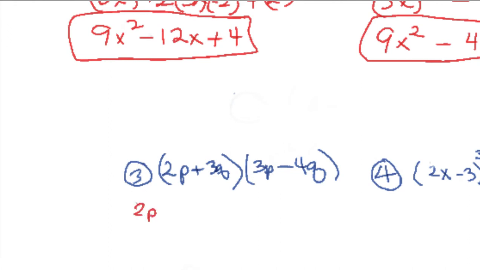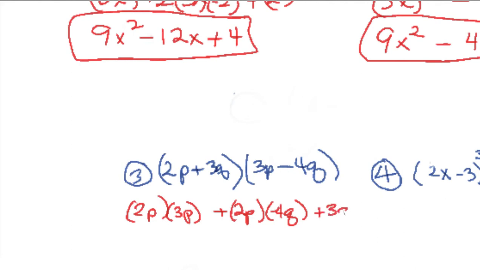So if you want to do 2p times 3p, the outer would be plus a 2p times a negative 4q. The inner would be 3q times 3p.